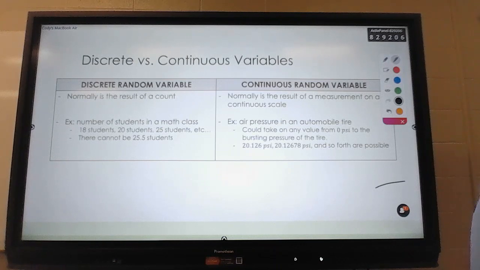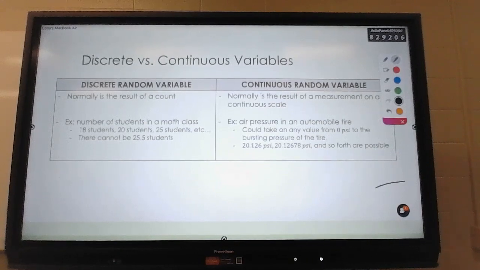A continuous random variable is the result of measurement on a continuous scale. An example is air pressure in your tires. It's calculated in PSI, and PSI can be calculated as a decimal. And if you know anything about decimals, the technical term for it is uncountable.